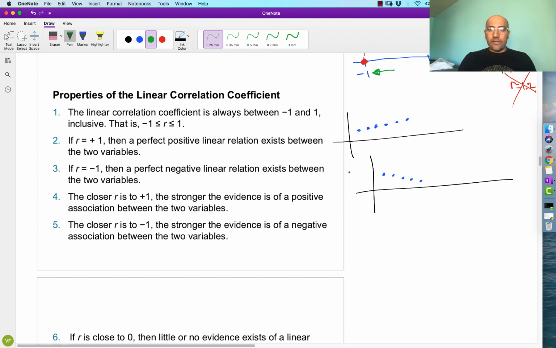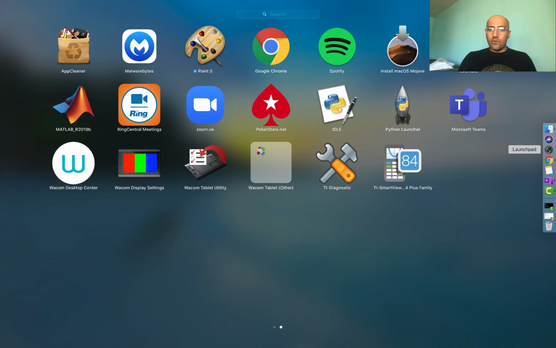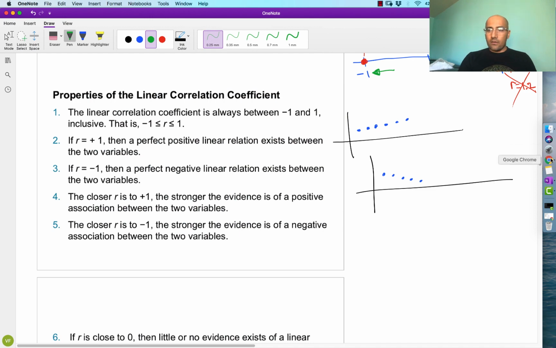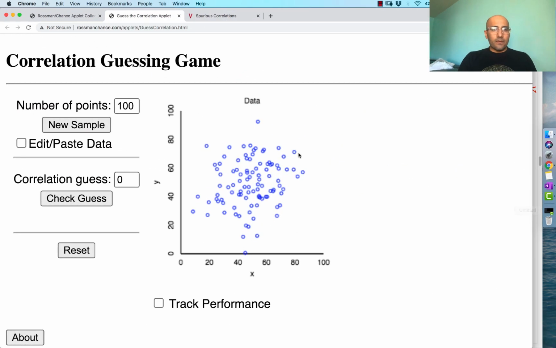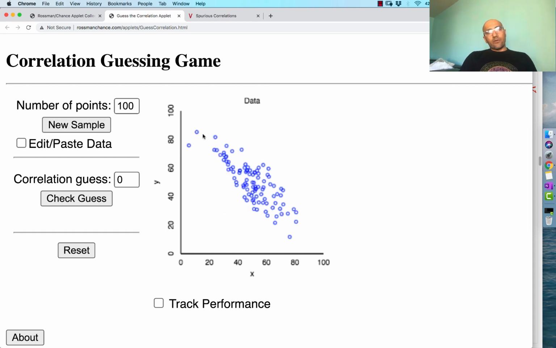Before we dive into the nightmare of figuring out how to calculate it, let's go back to our scattergram generator here and guess the value of R. Okay, so let's come up with one. Here it looks like it's going to be negative, right? How strong?